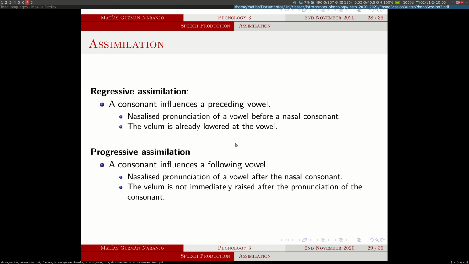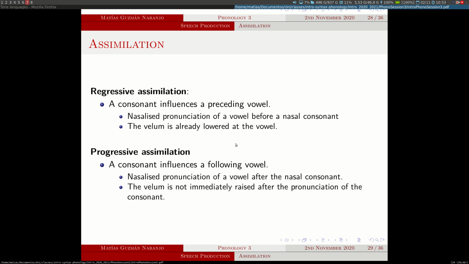This is when a sound influences the preceding sound. For example, a consonant can influence the preceding vowel. A nasal consonant can make the vowel before it become nasal itself, because the velum becomes already lowered when you're pronouncing the vowel before you've even started pronouncing the consonant.